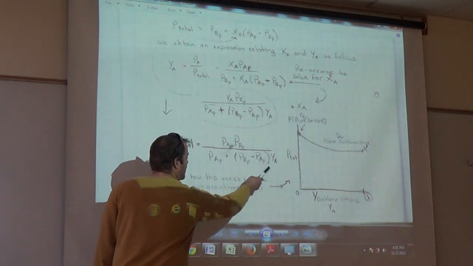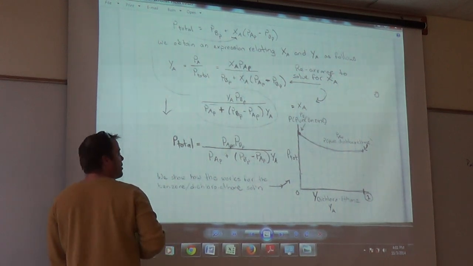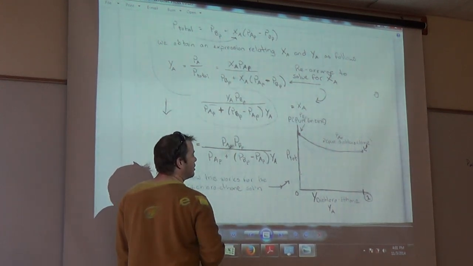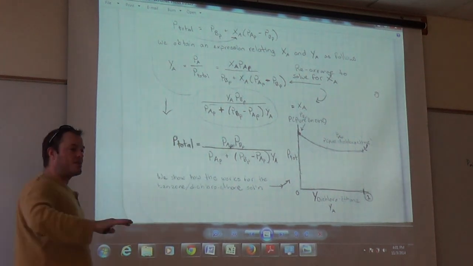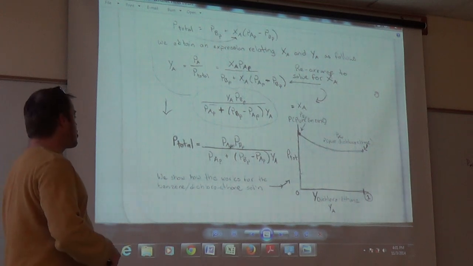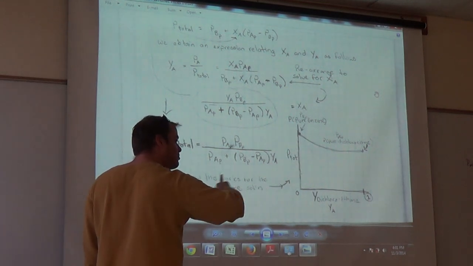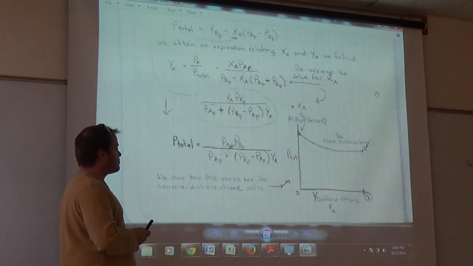In the event that YA is 0, this whole term goes to 0, and numerator divided by denominator just gives us the pressure of B in the pure. And so it has the same exact behavior at the limits as the last expression, but in that middle range of mole fractions, it deviates.